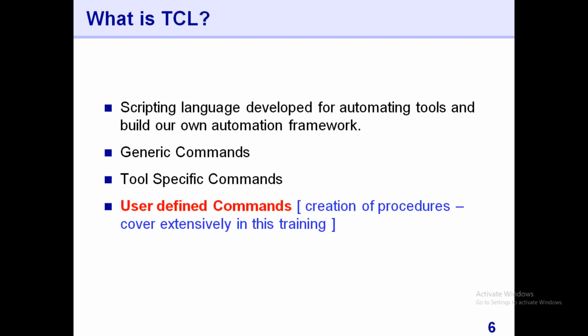Here we will be creating the procedures on the tool framework. Mostly we will be working on ICC2. There we will create our procedures. Once we source our procedures, next time onward you can just pick the procedure name, which is basically a command, and pass the arguments.